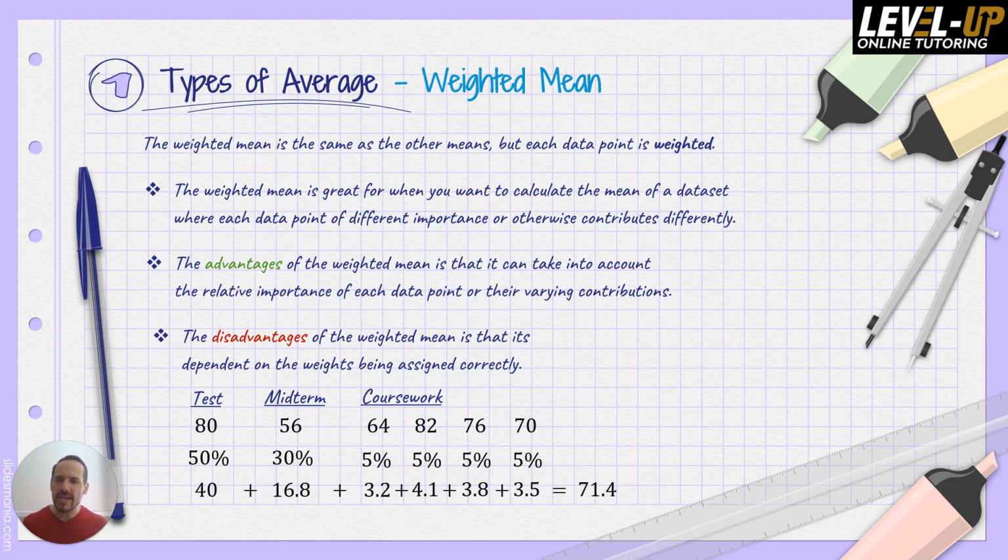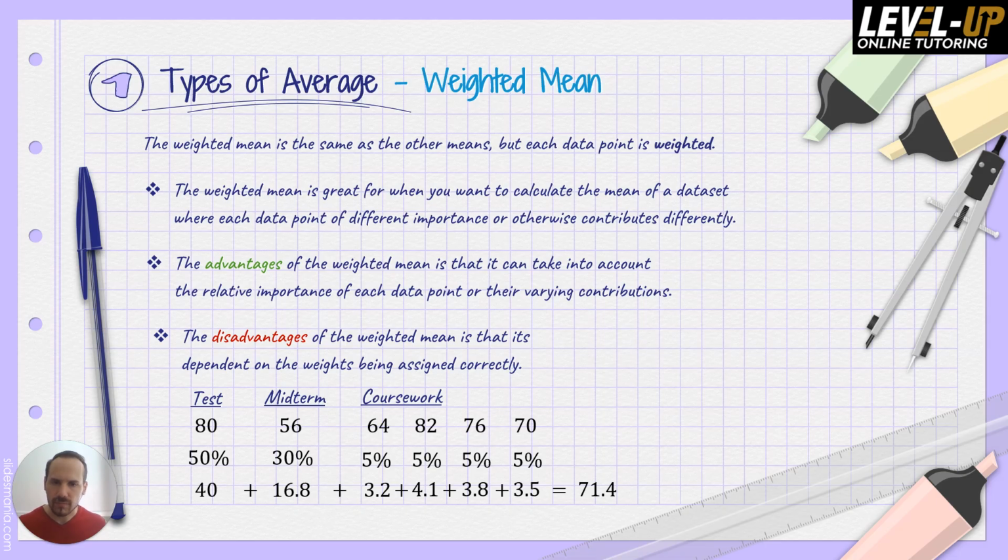You times each one by a 12th. Here, we're doing that exact same thing, but the weighting is different. So we're not timesing each one by a 12th. We're timesing the first one by a half, the second one by 3/10, the remaining ones by 1/20th for the courseworks. So you can see it works very similarly, but here just the weighting's different.